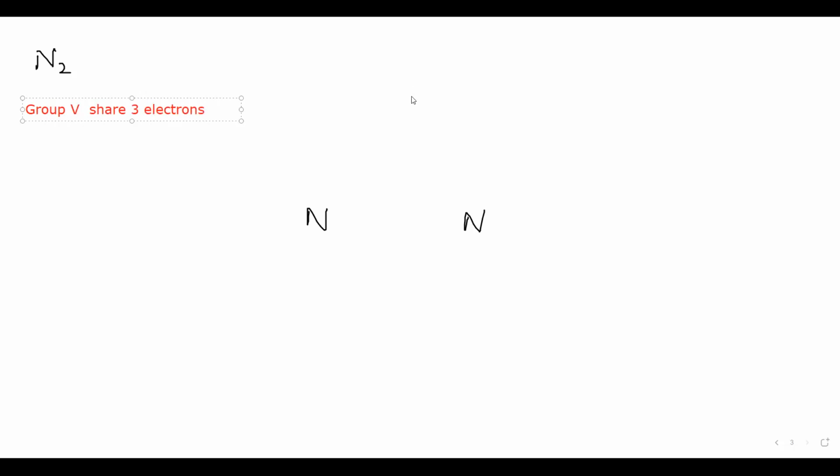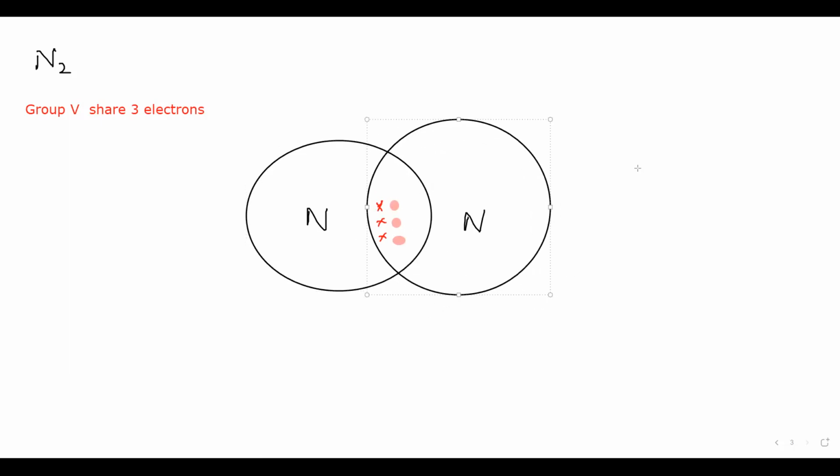So when we draw the structure, 1, 2 and 3. So these 3 electrons from one nitrogen and 3 electrons from another nitrogen. Then we'll complete the ring. In exam, you should use a compass to draw these circles.